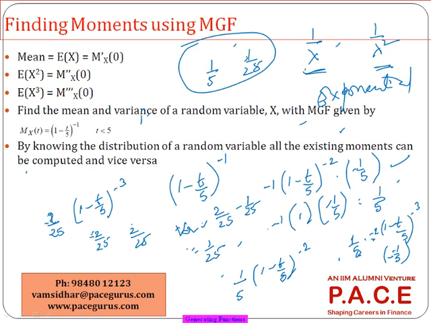So there are some kind of relationships we can very well think of. And if at all I am having such kind of relationship out of the data, I can very well say it is an exponential distribution, because the variance is coming out as the square of the mean.